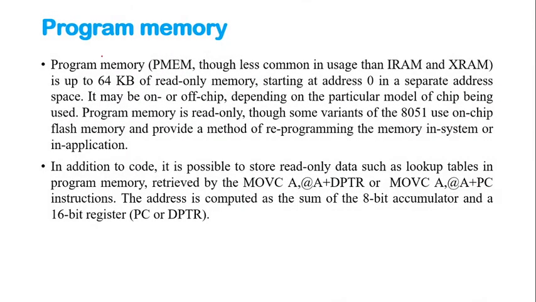Next is the program memory. The program memory, or PMEM, though less commonly used than IRAM, and XROM, that is the external ROM, which is very common, is up to 64 kilobytes of read-only memory. It starts at address 0 in a separate address space, and it may be on or off chip, depending on the particular model of chip being used.